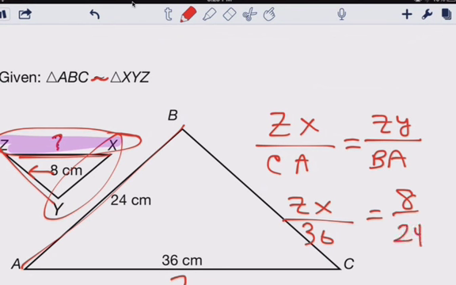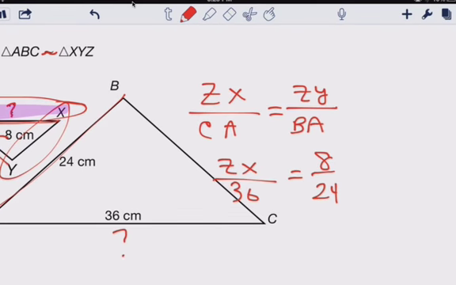Now that's 1/3. So to get it 1/3, if you don't know, you cross multiply: 24 times ZX equals 36 times 8.